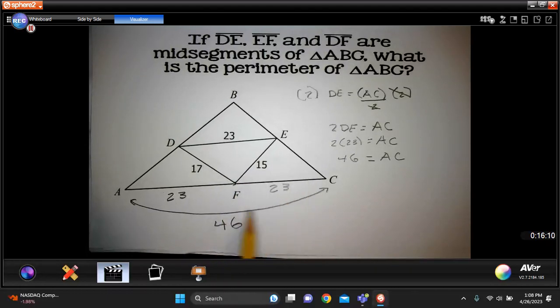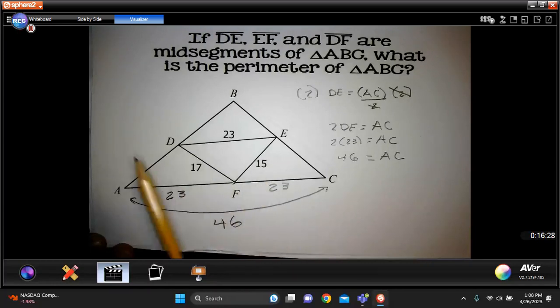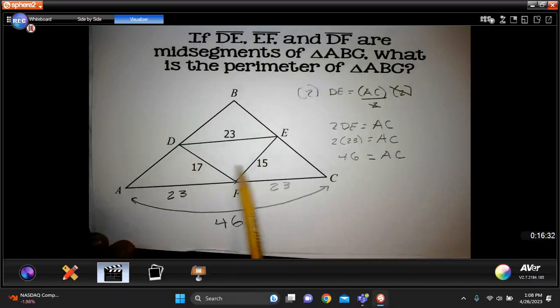So we have 46 first, we divide by 2, and we get 23. But now we went in the opposite direction and multiply by 2 in order to find the bigger side. Because all these midpoints cut everything in half, we have a bunch of congruent triangles inside the big one.